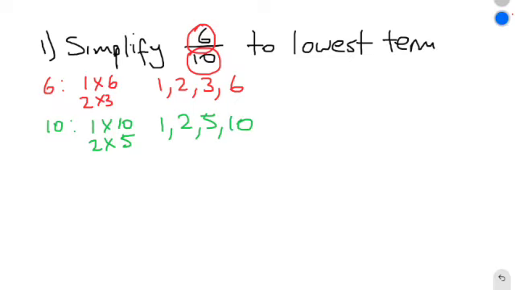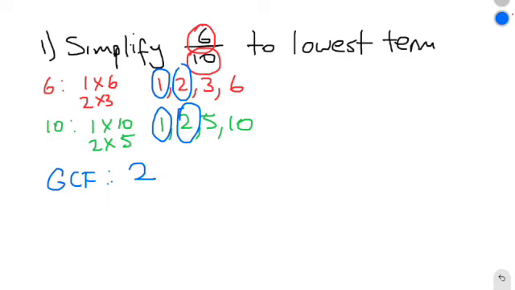Now, if we look at all the factors of 6 and all the factors of 10, we identify what's common between the 6 and the 10. And we circle in blue the things that are common, which are 1 and 2. No other items are common. And what's greatest among those, the greatest common factor that we see here, is actually going to be the 2. 2 is the highest number that's common between both.